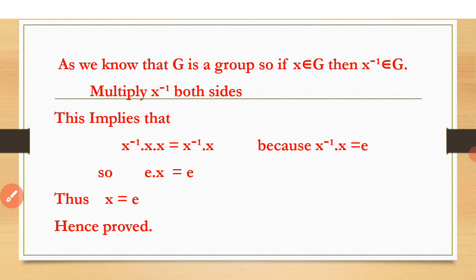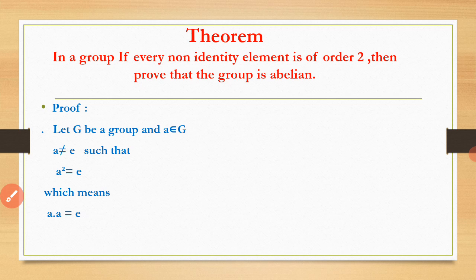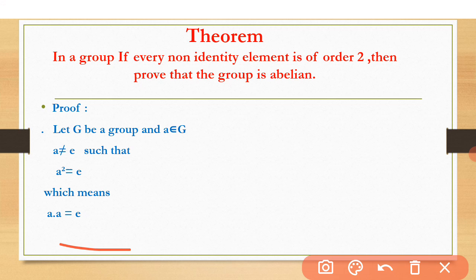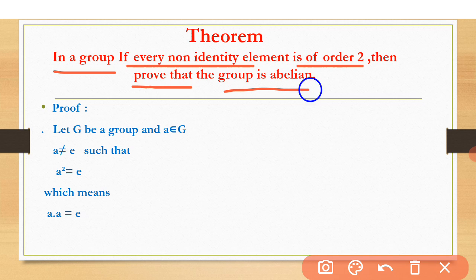Let's come to another theorem, a very important theorem. In a group, if every non-identity element is of order 2, then prove that the group is abelian.